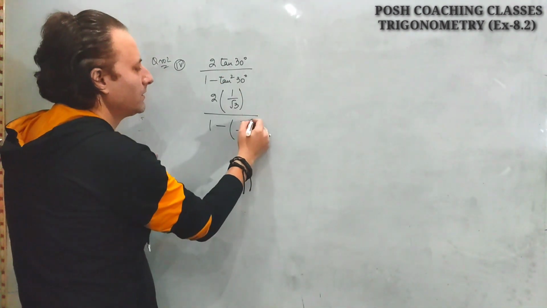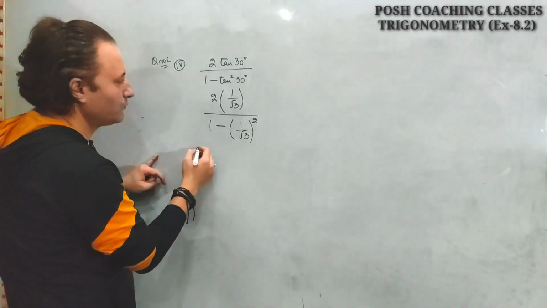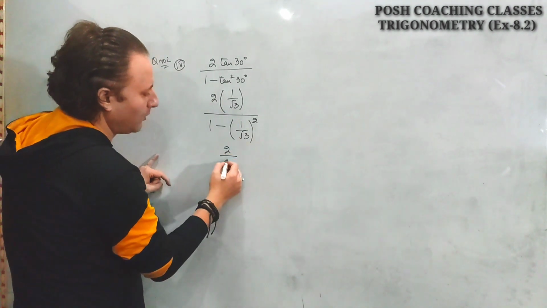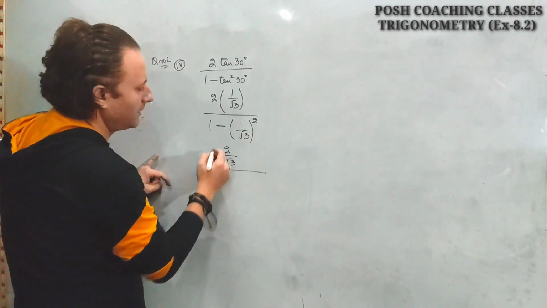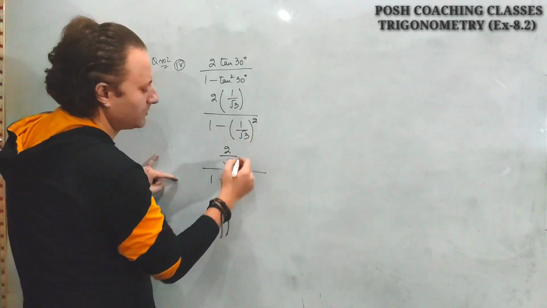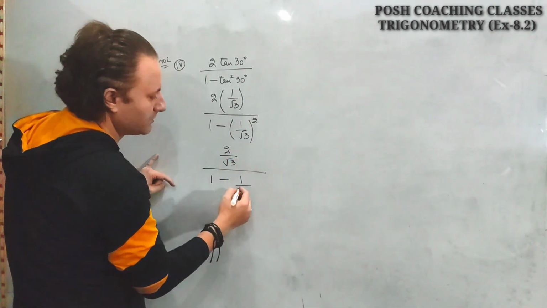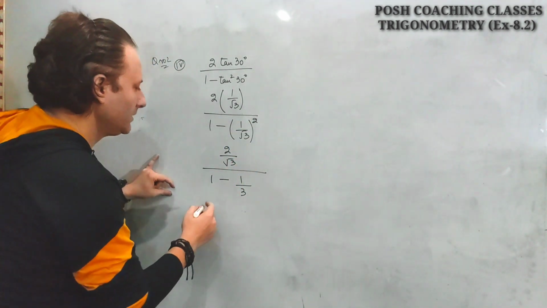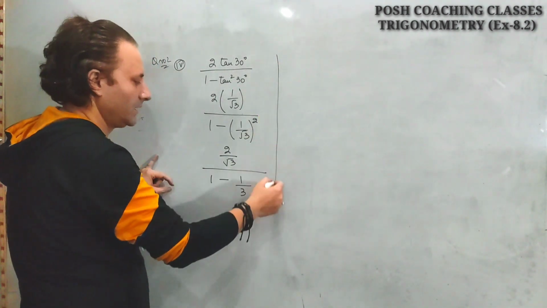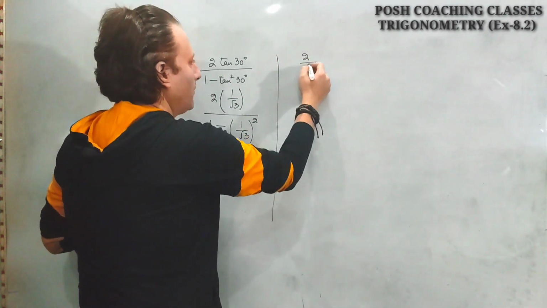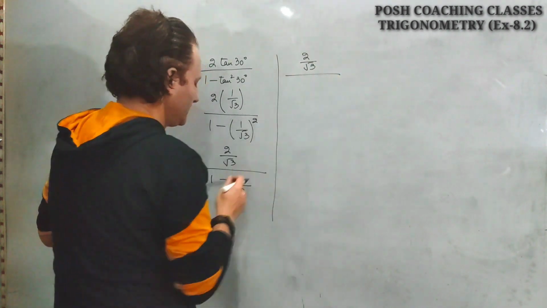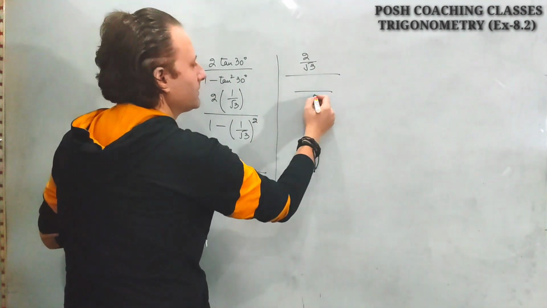We have a square here, so we'll put the square. So what do we have now? We have 2 upon under root 3 divided by 1 minus 1 square is 1, under root 3 square is 3. So now let me move this side. It's 2 upon under root 3. Let's take the LCM. We have 3 as LCM here.